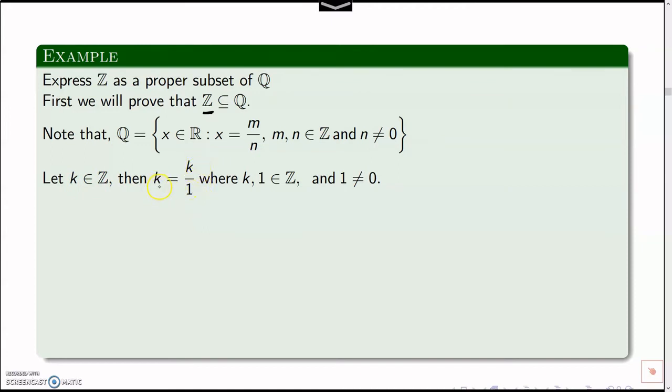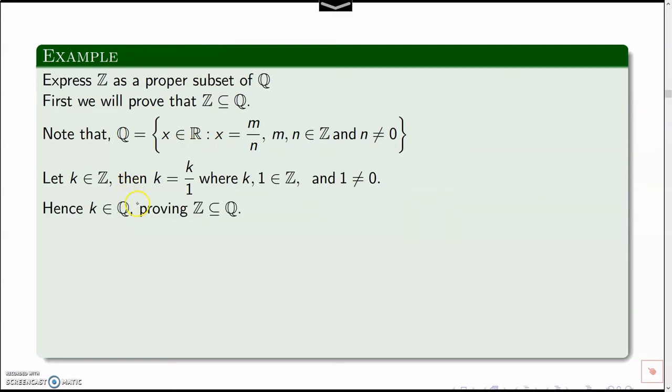That means we have expressed this integer k as some integer upon some integer where the denominator is not equal to 0. That means this integer that we picked up satisfies all the properties of rationals, so it is there in the set of rationals also.